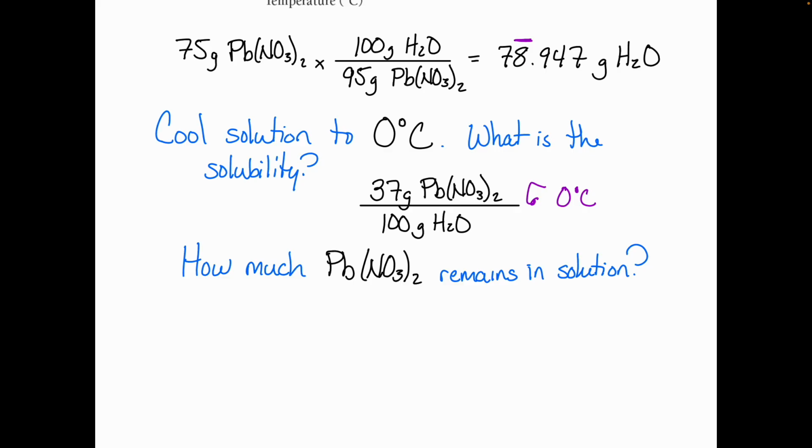I know that if I had 100 grams of water, that 37 grams would be remaining in solution. That's what my solubility factor tells me. But did I use 100 grams of water? No. So we're going to have to use the amount of water that we actually used in order to calculate here.